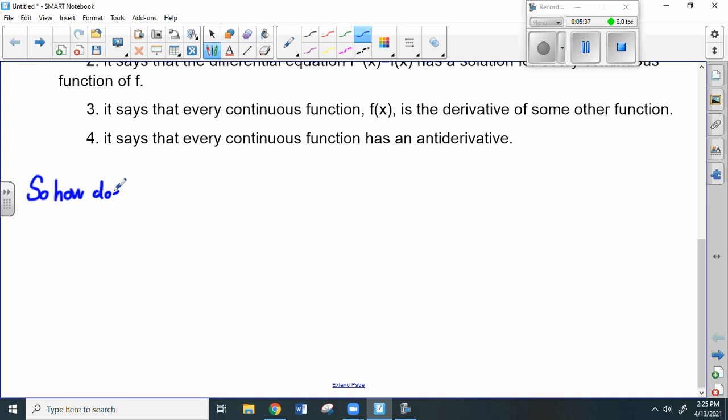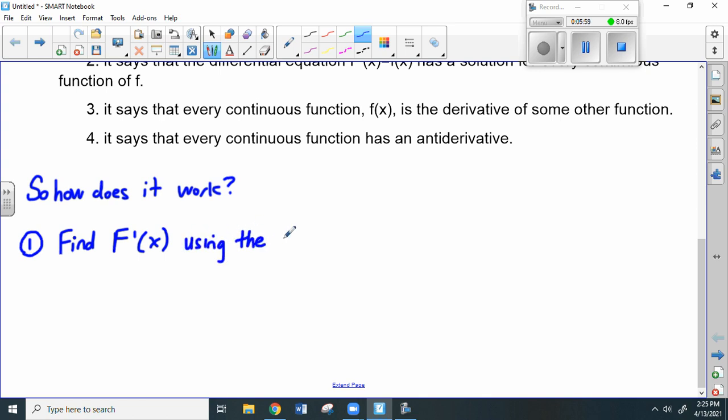So let's say that I asked you to find capital F prime of x, and I'm actually going to ask you to do it using the first fundamental theorem of calculus and the second fundamental theorem of calculus.